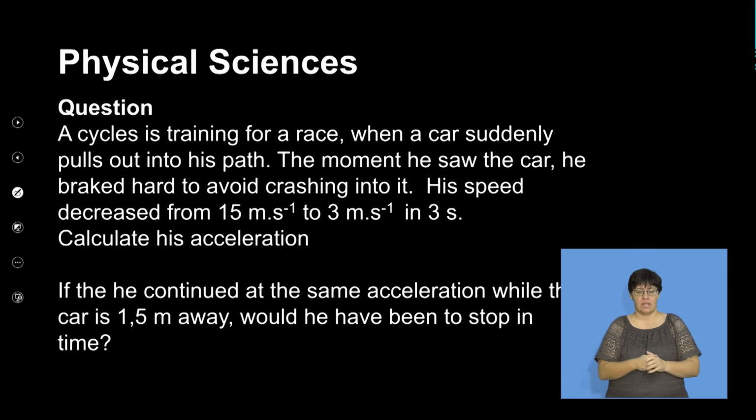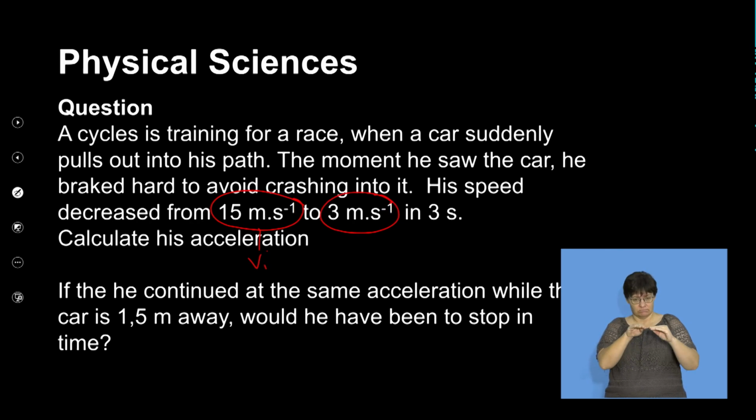A cyclist is training for a race when a car suddenly pulls out into his path. The moment he saw the car, he braked hard to avoid crashing into it. Very important. His speed decreased from 15, so that's initial velocity, to 3, final velocity, in 3 seconds time.